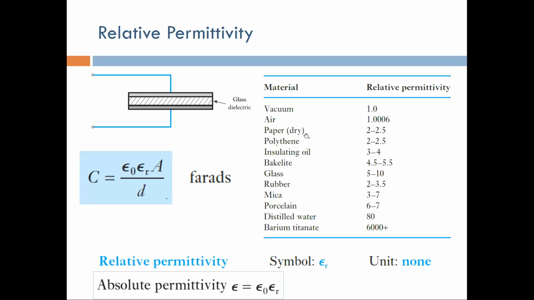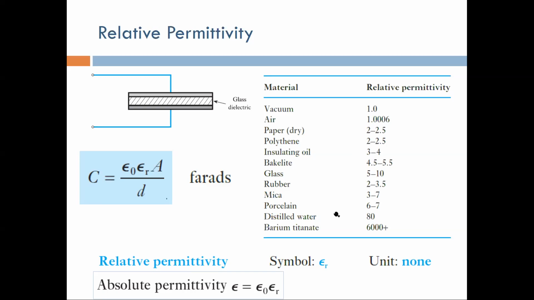If you consider the dielectric as paper, like what we said before, we can manufacture capacitors with paper in between aluminum foils, and this would be paper making up the dielectric. Then it's going to be in the range of 2 to 2.5. If you use different materials, you'll find that you have different factors.